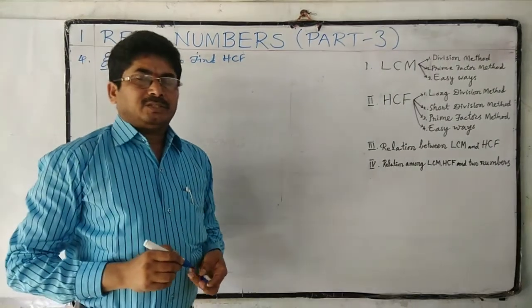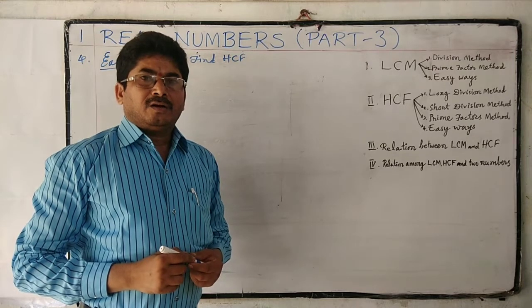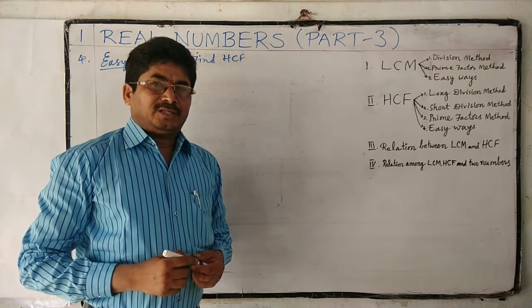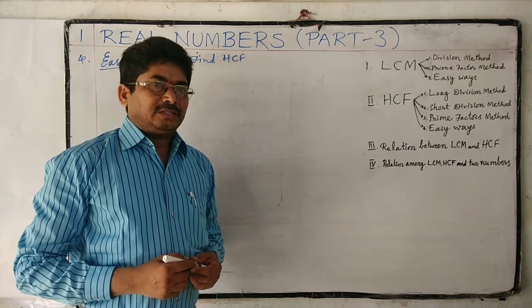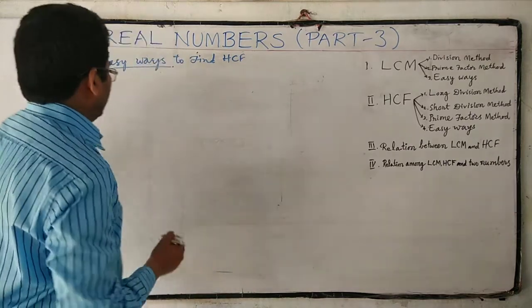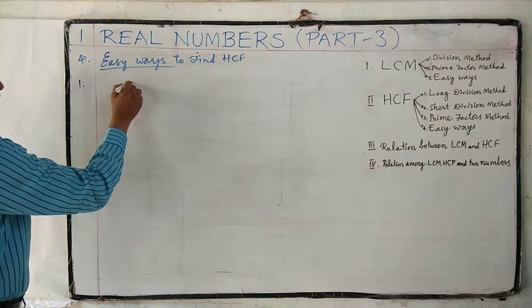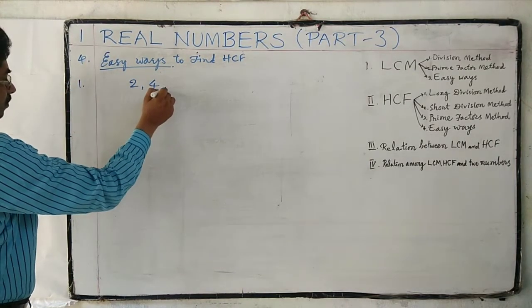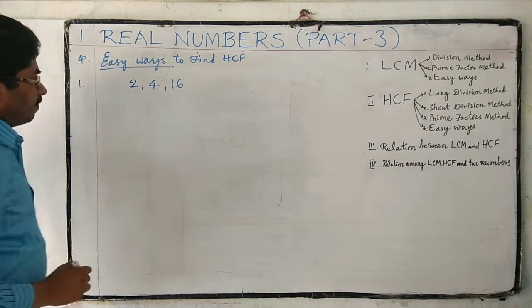In given numbers, if one is a factor of the others, then the smallest number, that factor number, is their HCF. Example: 2, 4, 16.